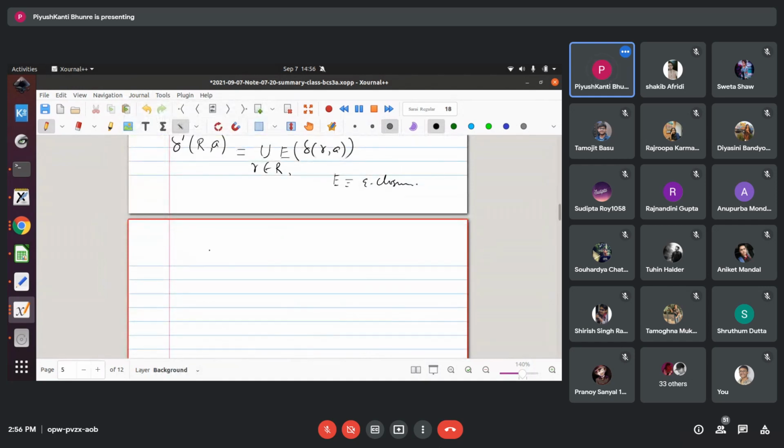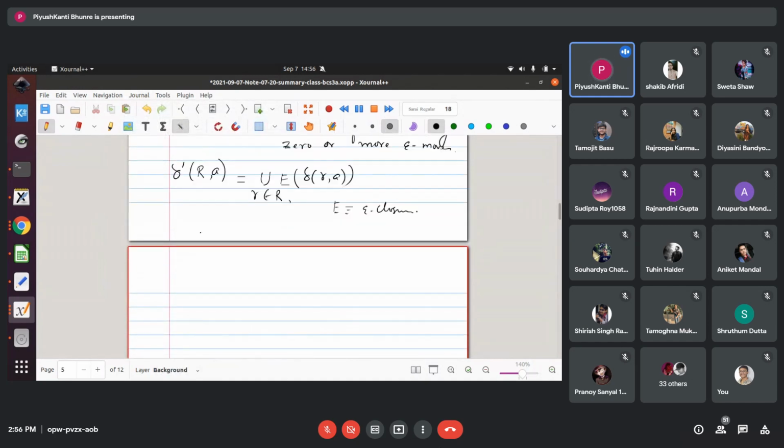So here, basically what you have is, as before, in fact slightly different, this is the set R. So R belongs to Q prime. That means R is a subset of Q. So there are many elements in R, R1, R2. They are basically states.